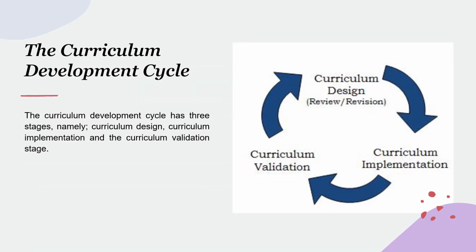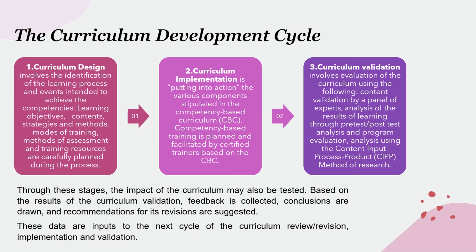So for the curriculum development cycle, it has three stages, namely curriculum design, curriculum implementation, and curriculum validation stage. So later on, we're going to have a discussion about this cycle. So speaking of the curriculum development cycle, since we have introduced three processes involved in this one, first one is the curriculum design. So in this particular phase, this involves the identification of the learning process and events intended to achieve the competencies.